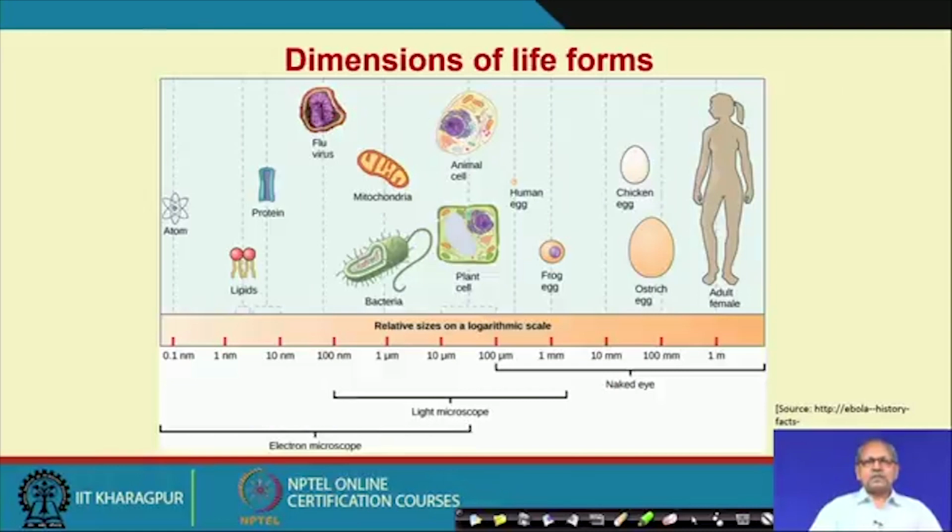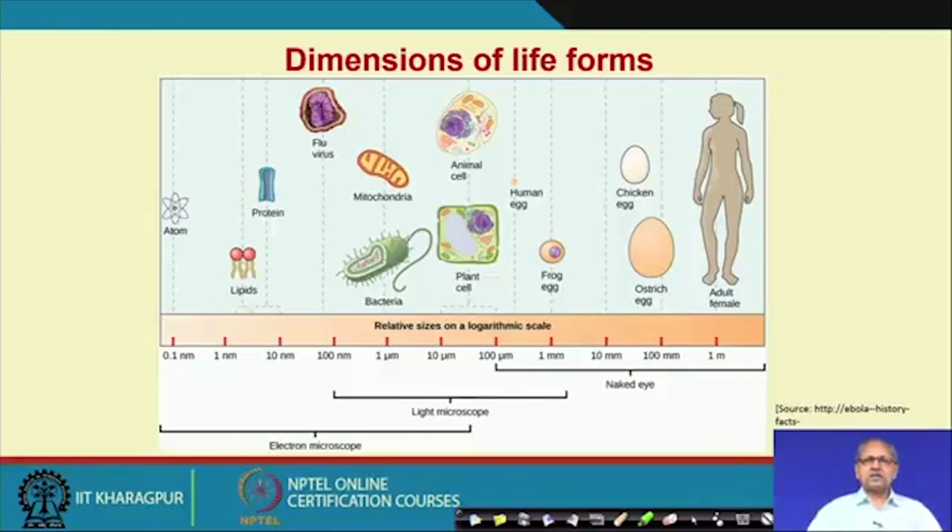If we consider the dimension of cells, say animal cells and plant cells are in the range of around 10 micrometer to 100 micrometer, whereas bacterial cells are in the range of 1 to 2 micrometer, and some cell organelles are also in the range of 1 to 2 micrometer.